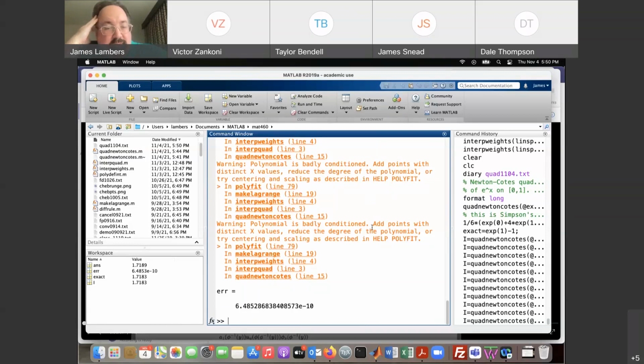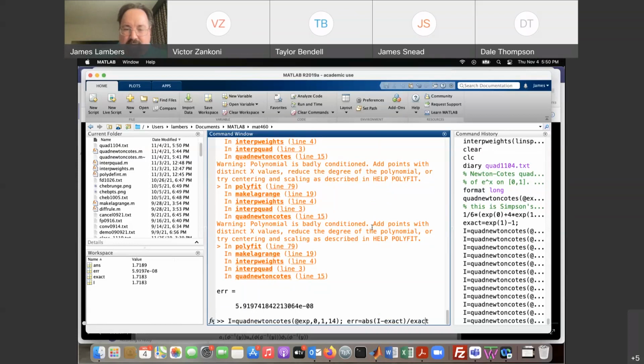Polyfit uses really the least desirable method for polynomial interpolation. It forms a Vandermonde matrix, and I've already pointed out the pitfalls of that. I'm not sure why they use that, but at least the error is still small.